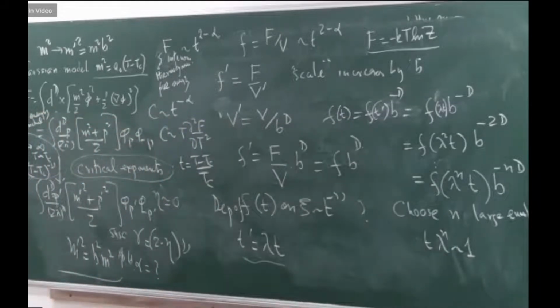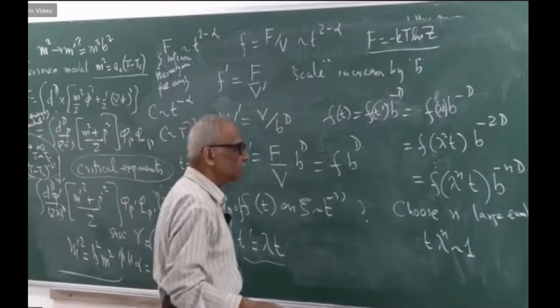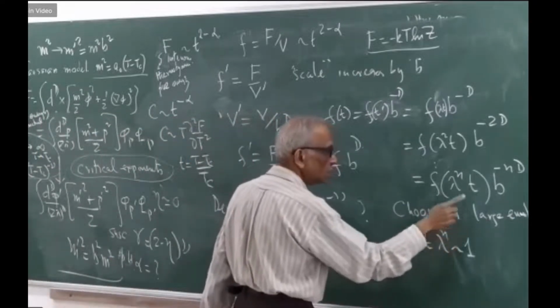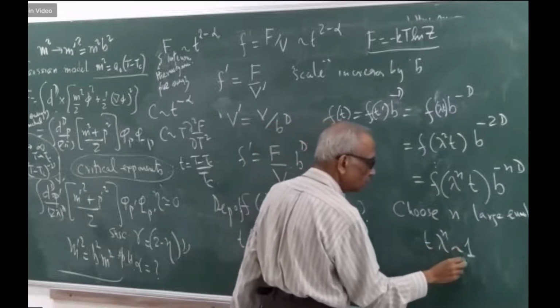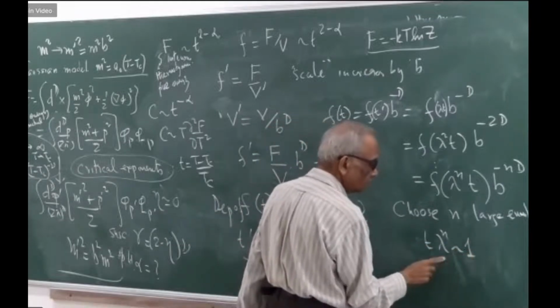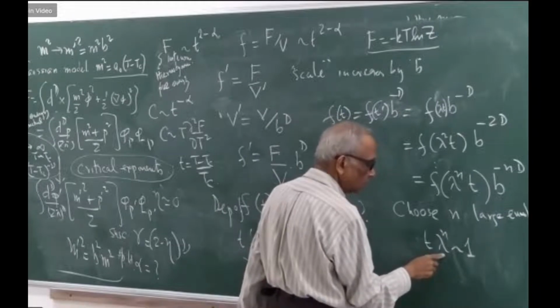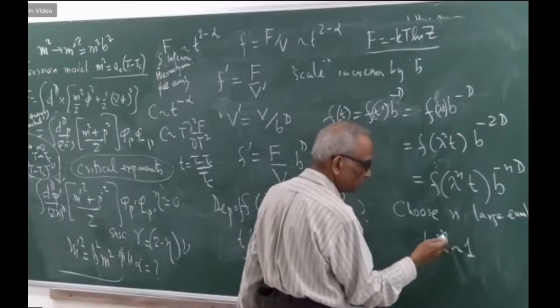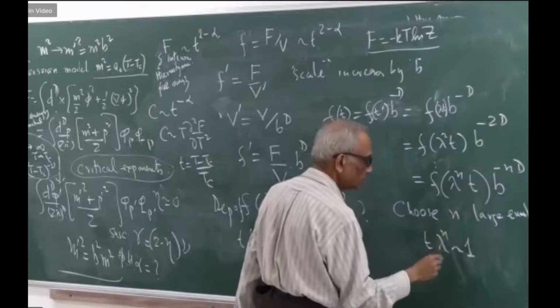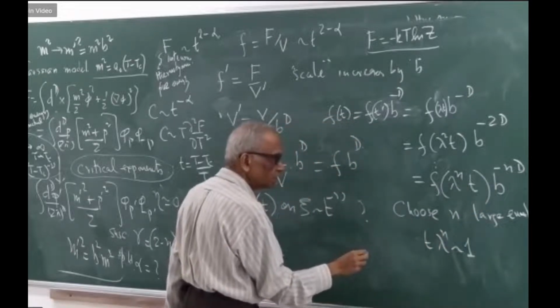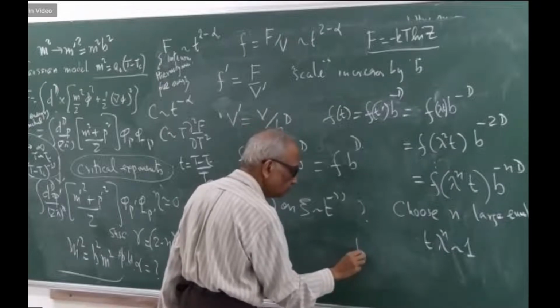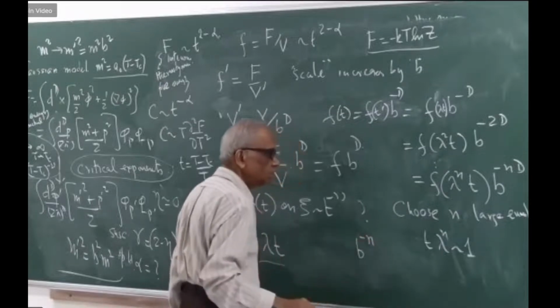So T times lambda to the n is equal to unity. What I'm interested in is b to the power minus nd.